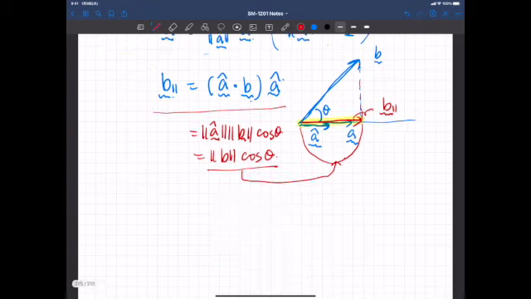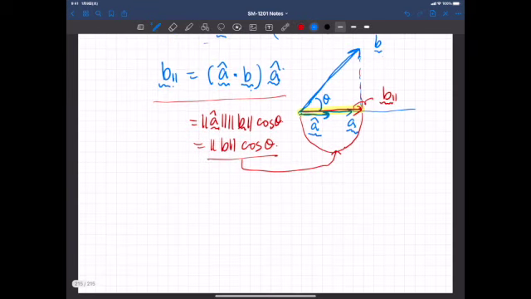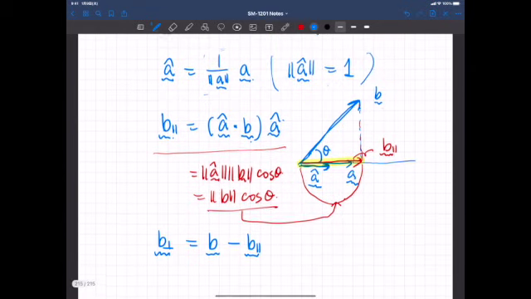Then, using this, we define B perpendicular, and that is defined by B minus B parallel. So what is this vector?